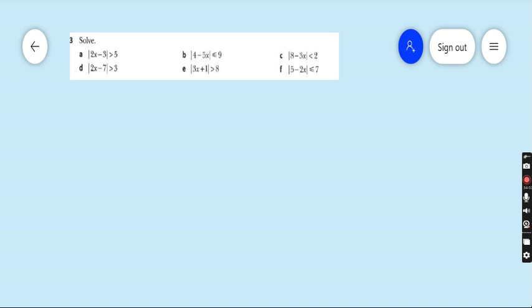There is no method mentioned whether we solve by the graphical method or the algebraic method, so I prefer the algebraic method. The rules are for these kinds of absolute value inequality, or you can say this rule is applicable when we have only one absolute value inequality.